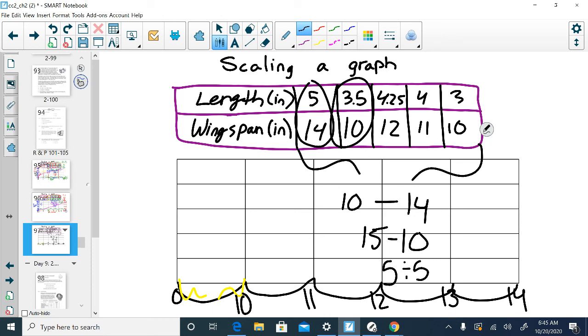All right, cool. So we have our x. And now you're going to figure out for our y, our length, what would our jump length be? In other words, what are we going up by each time? How are we going to scale this graph? So here again, we have 5 that we're going up by, 5 jumps.